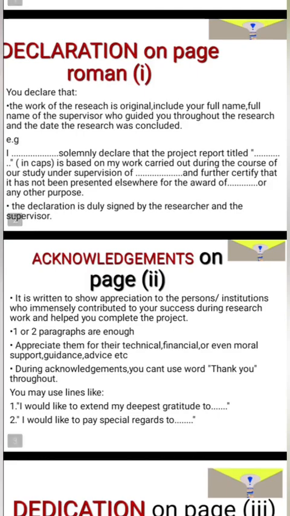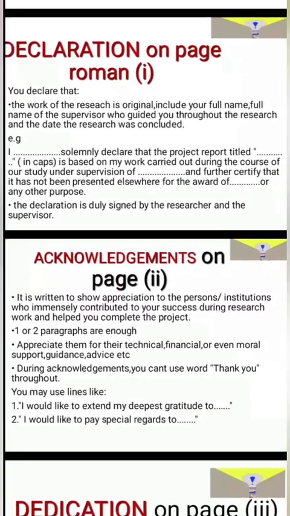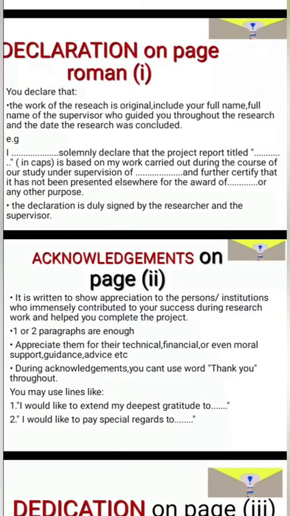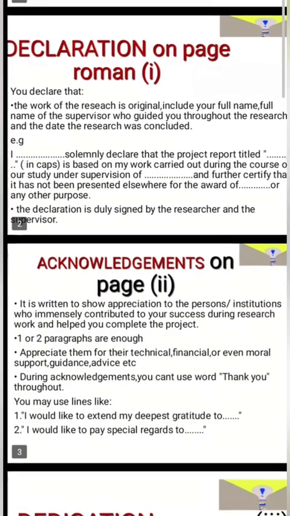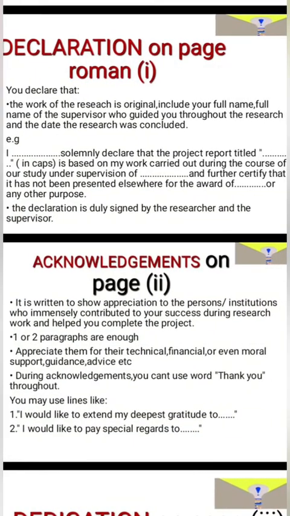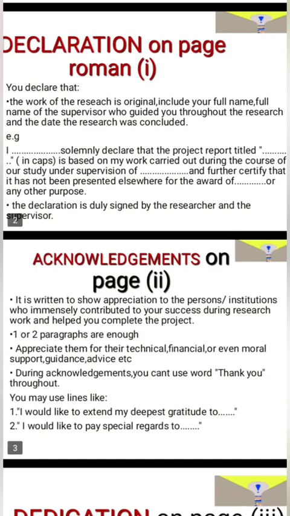Now when you talk about acknowledgement, this one comes on page 2 in Roman numbers, because preliminary pages are normally paged in Roman. Like now the declaration is in Roman number 1, then acknowledgement is Roman number 2.